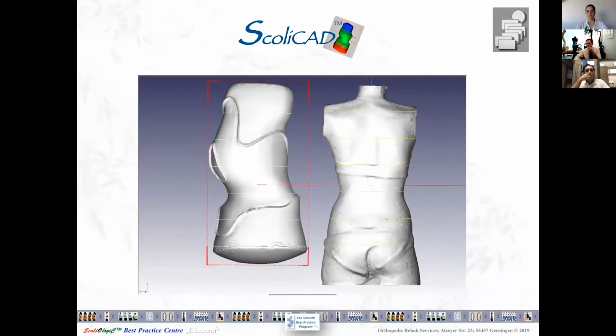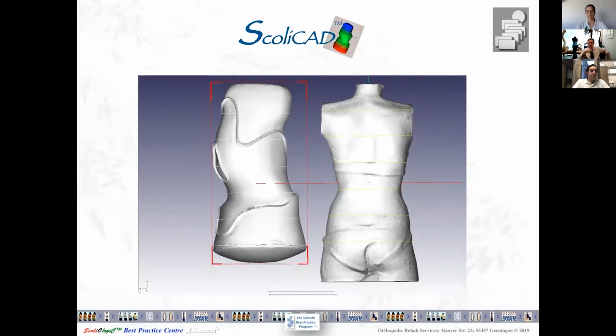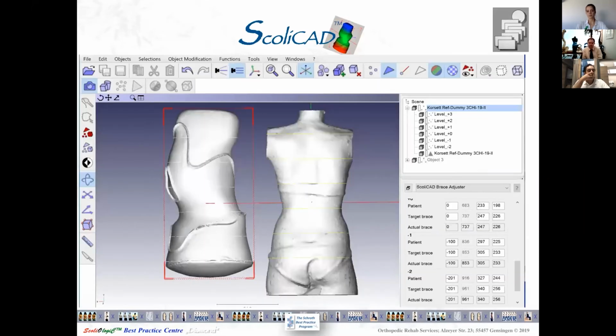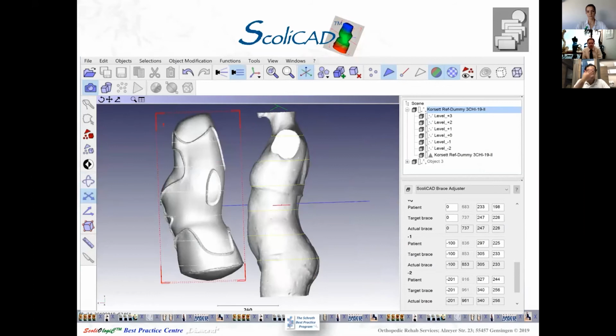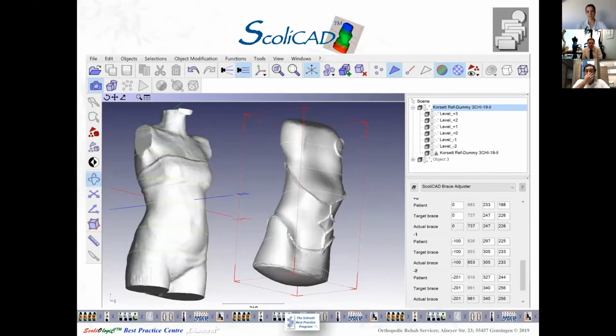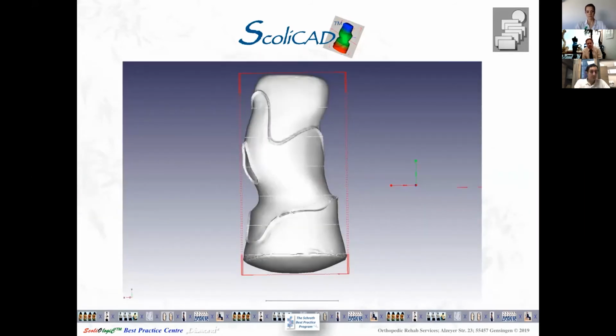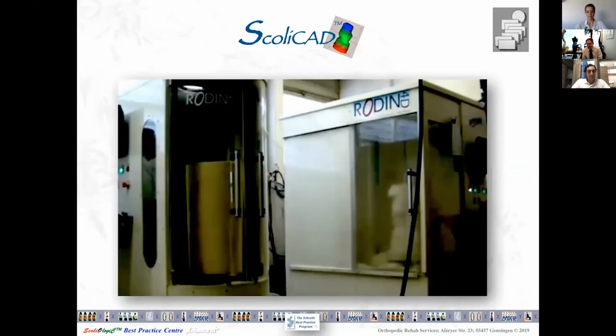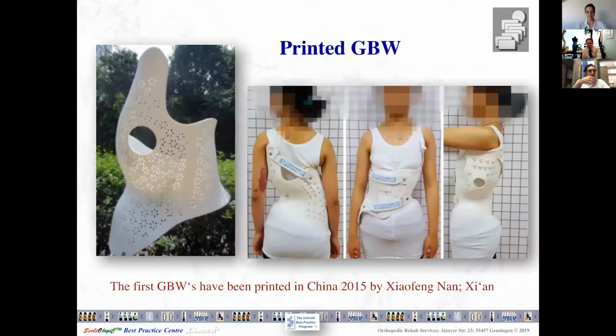It can be fast and short, but usually takes much more time. Then we check everything with our measurements at different levels. After this, we convert to an STL file, which we can carve or print.